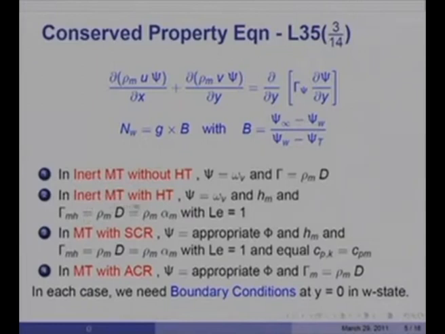In inert mass transfer with heat transfer, psi equal to omega v and hm, where it is an energy equation, and we make use of the assumption of Lewis number equal to 1, that is gamma mh equal to rho D plus equal to rho alpha.